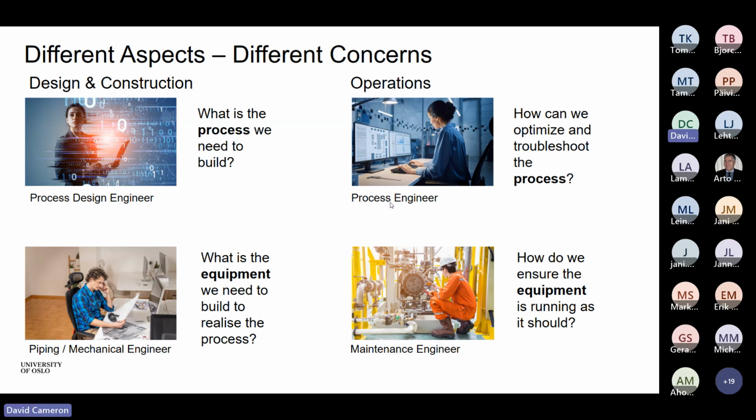But then the process engineer is asking some questions about how the equipment's working, but her interest now is about optimization and troubleshooting the process. You know, how well is the process meeting its functional requirements to produce the right amount of oil, the right amount of gas, and make sure that all the water is removed and pumped back down into the well.